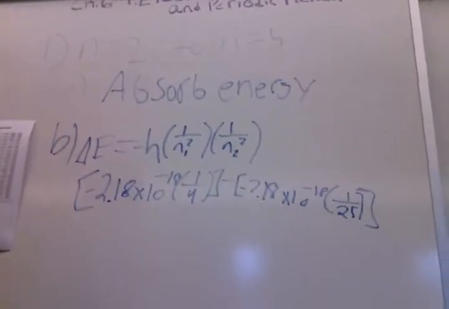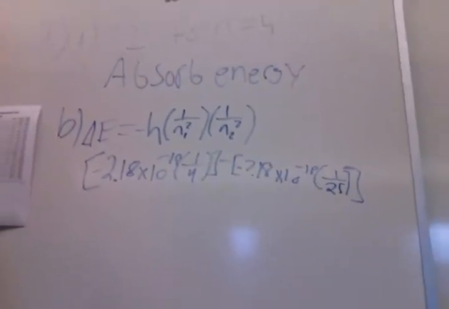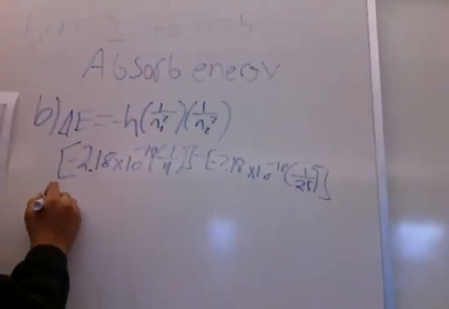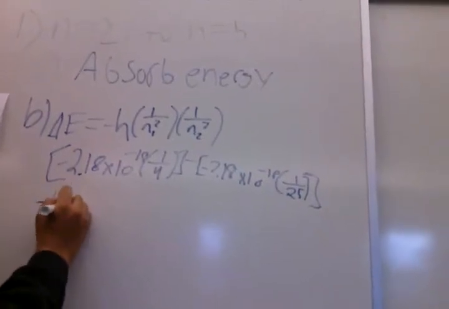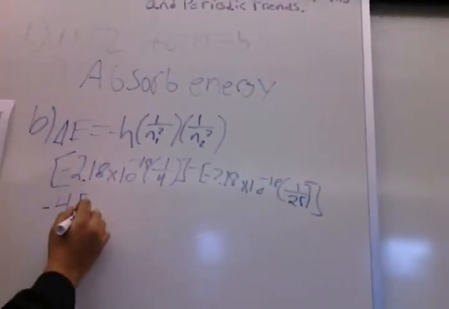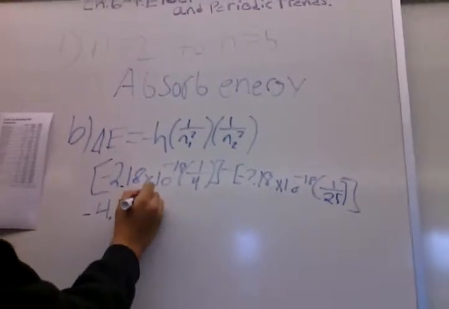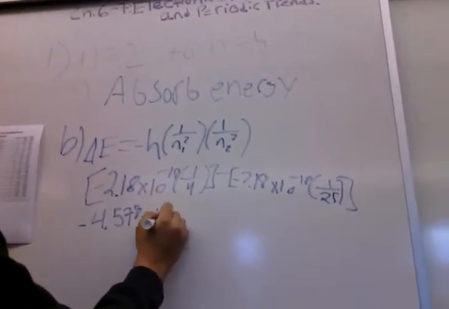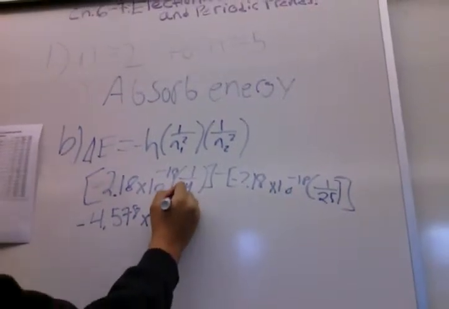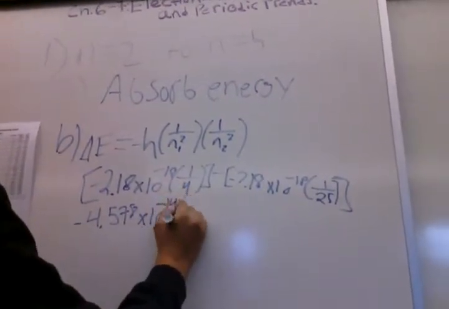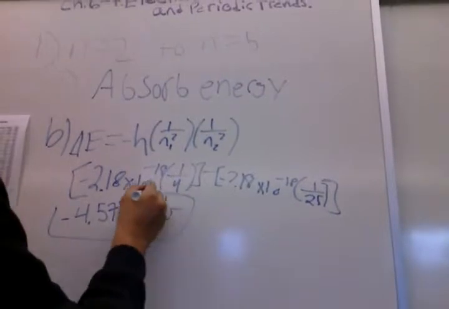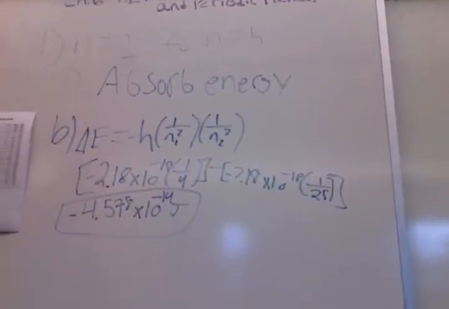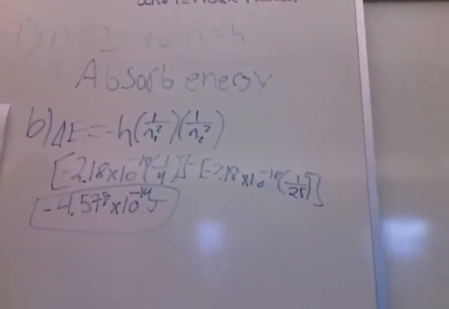So what we get here for the final answer is negative 4.5738 times 10 to the negative 14 joules. And that is the energy emitted by the photon.